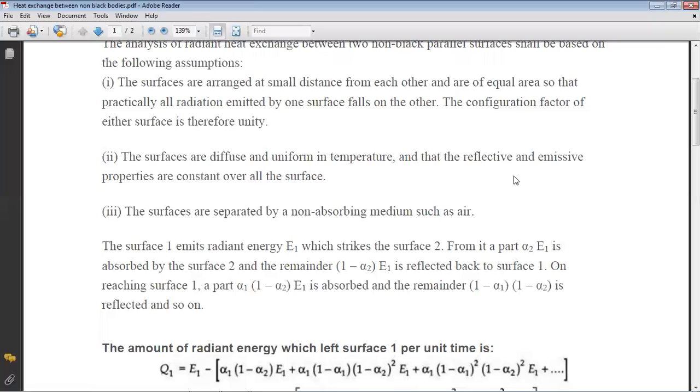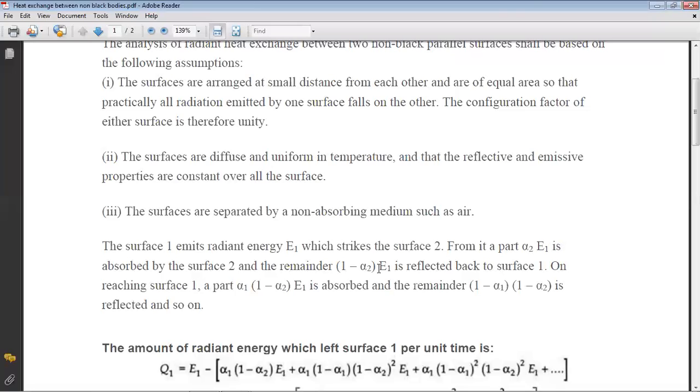How much is absorbed by surface 2 is absorptivity multiplied by the total energy emitted by surface 1, which is E1. The amount of energy absorbed by surface 2 is alpha 2 into E1. What is re-emitted by surface 2 towards surface 1 is 1 minus alpha 2 multiplied by E1.